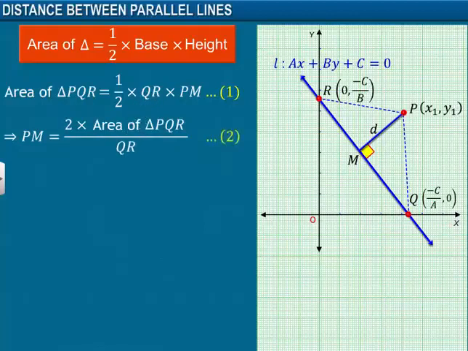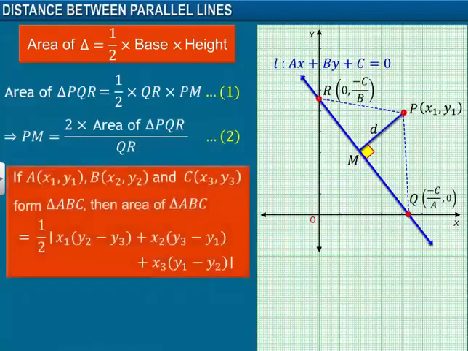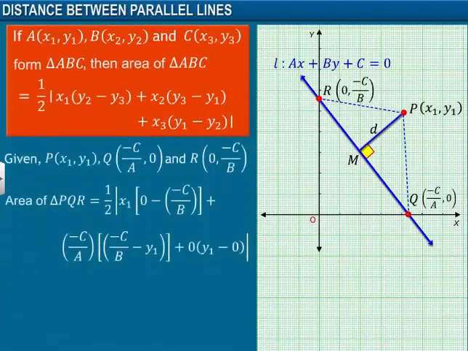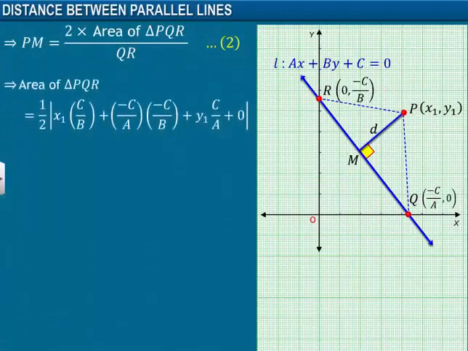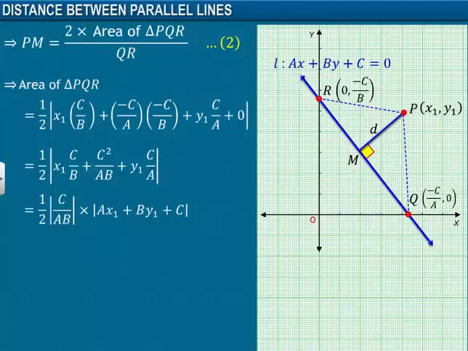Recall the formula for the area of a triangle whose vertices are given. Substituting the coordinates of vertices P, Q and R in the formula for the area of a triangle and simplifying, we get the area of triangle PQR as 1/2 into modulus of C/AB into modulus of Ax1 + By1 + C. Let this be equation 3.